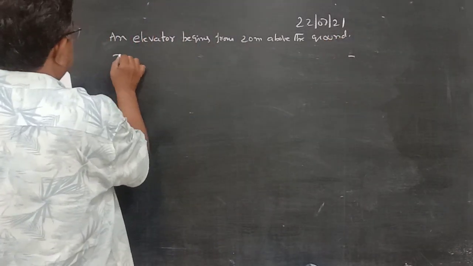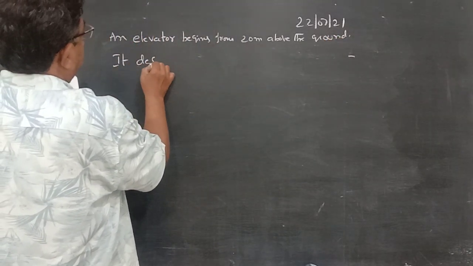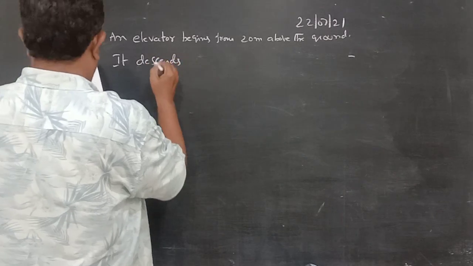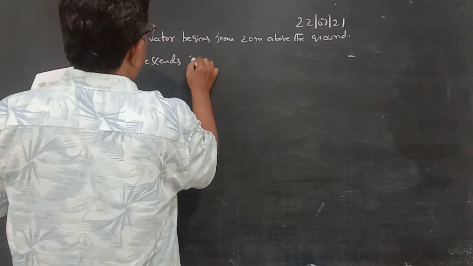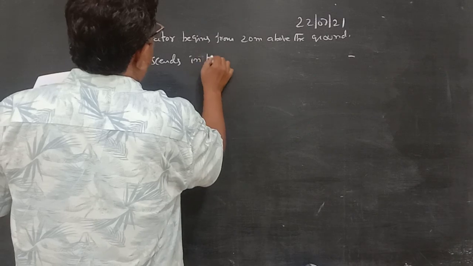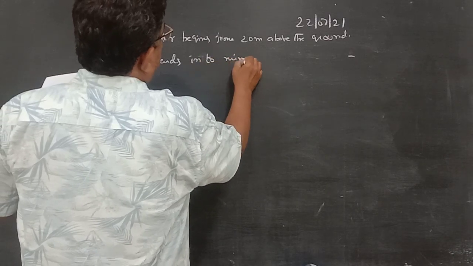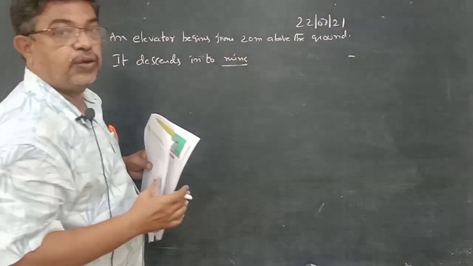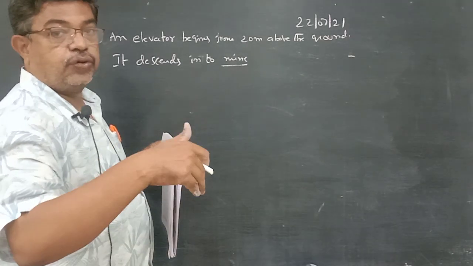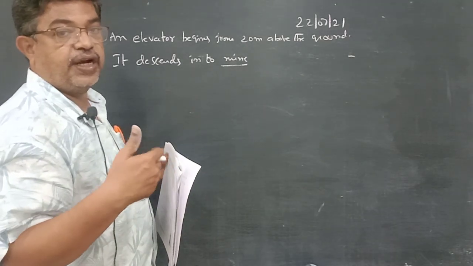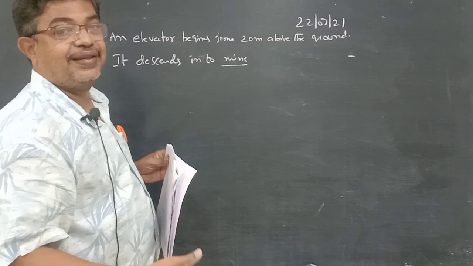It descends, means coming down. It descends into a mine shaft. Mines means generally coal mines, gold mines. So, to find gold or to find coal, you have to go underneath the earth.